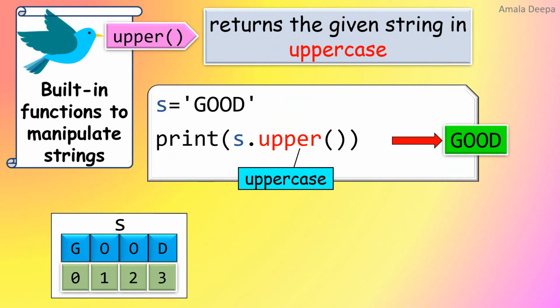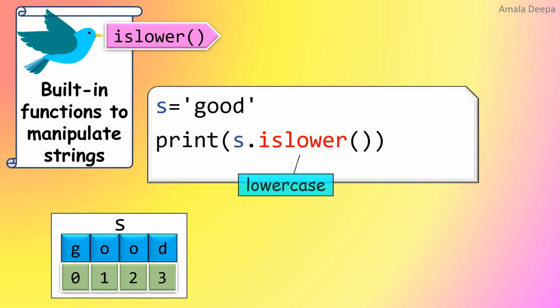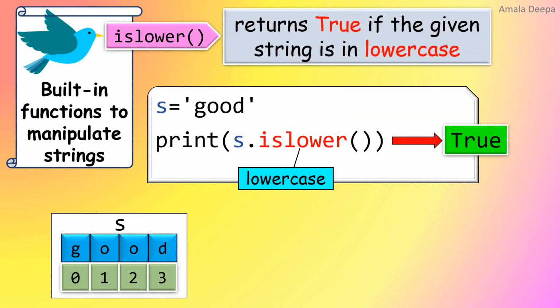Next we will see the isLower function. S is equal to good. Print S dot isLower. The output is true because all the characters in the string object S are in lowercase. So the isLower function returns true if the given string is in lowercase.